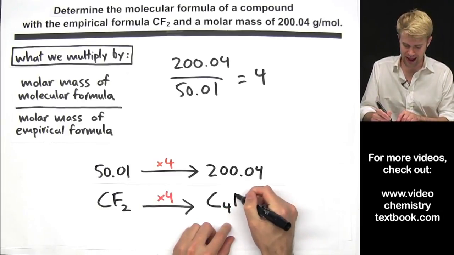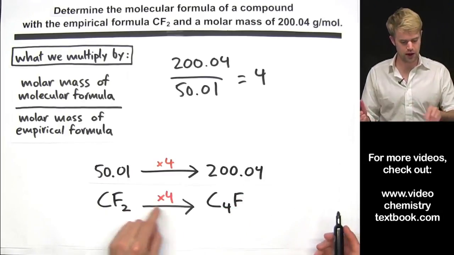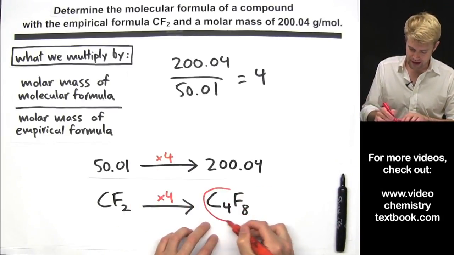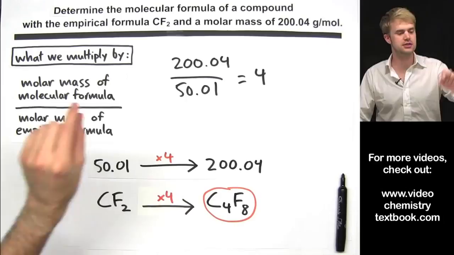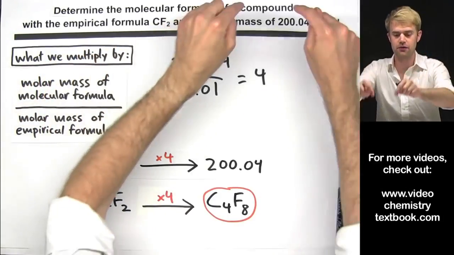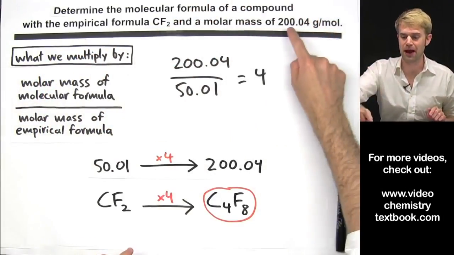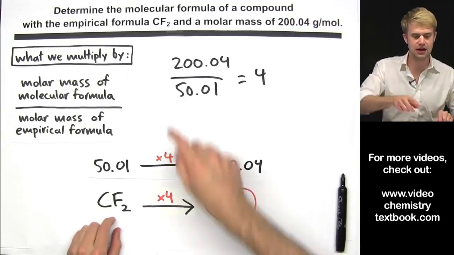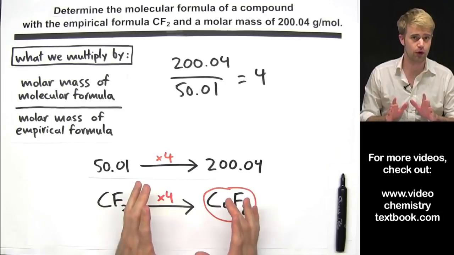And then we do F2 times 4 is 8. C4F8 is the molecular formula of the compound that has a molar mass of 200.04 grams per mole and has CF2 as its empirical formula.